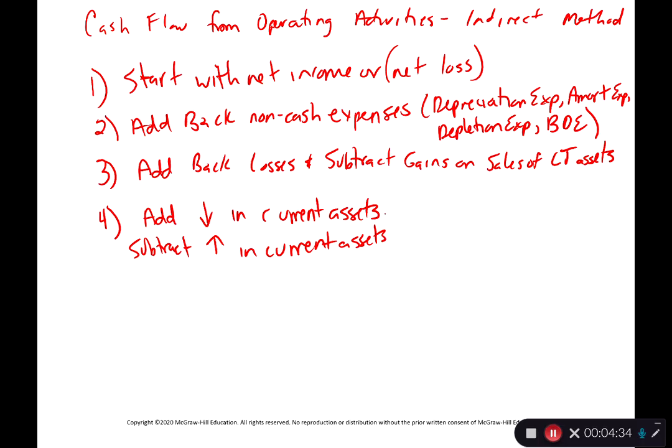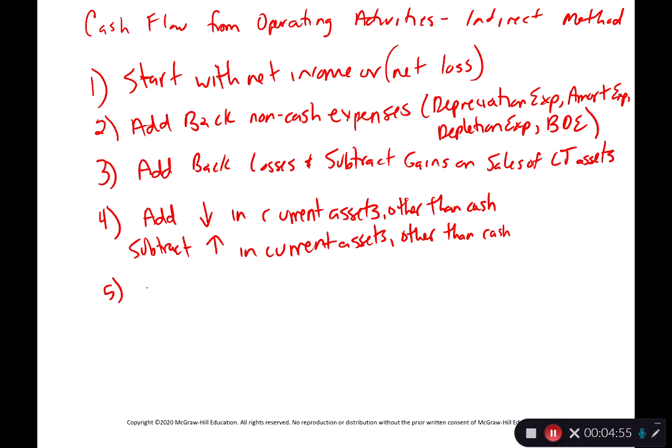And to be clear, I should say other than cash. We can't include cash here. We're trying to solve for the change in cash. And I'll explain why we do that in a second.